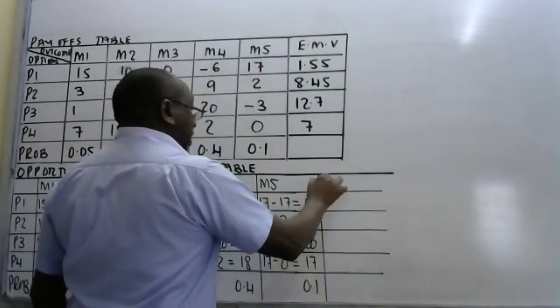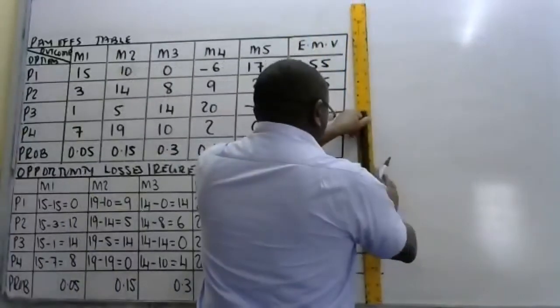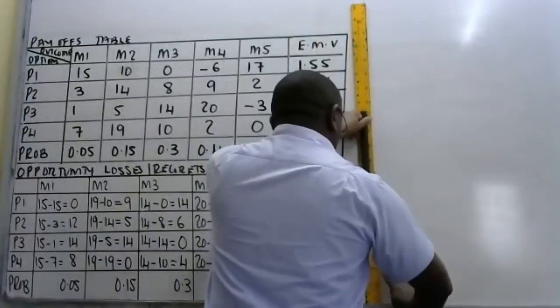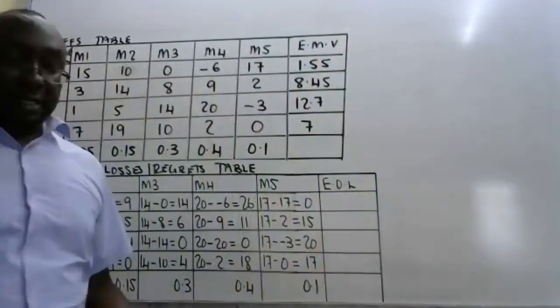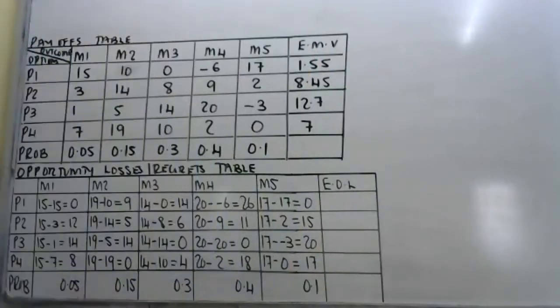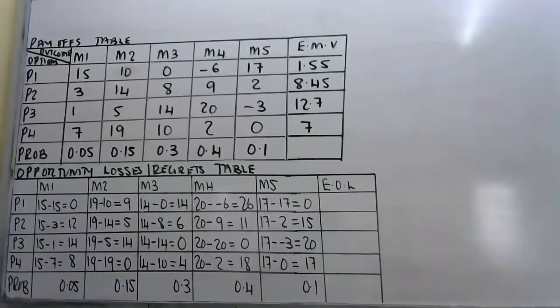Then you compute something we call expected opportunity loss. Are we together up to that point? Good.